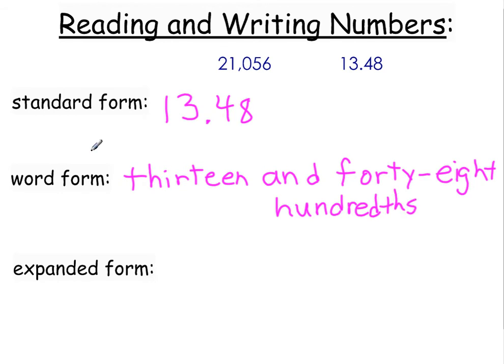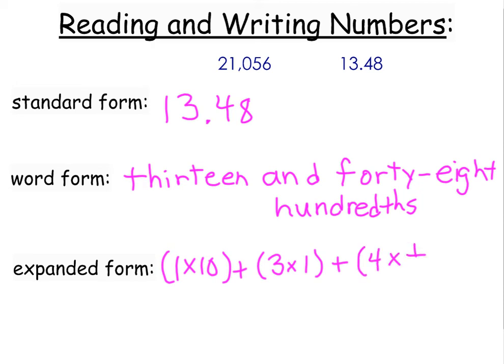In expanded form, 1 is in the tens place, so that's the same as saying 1 times 10. 3 is in the ones place, that's 3 times 1. 4 is in the tenths place, that's 4 times 1/10. And 8 is in the hundredths place, that's 8 times 1/100th.